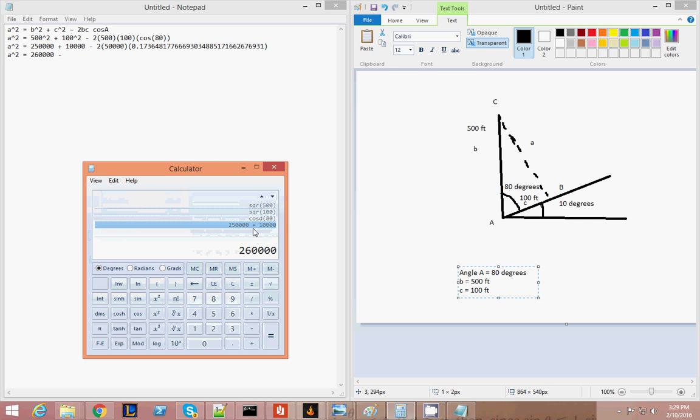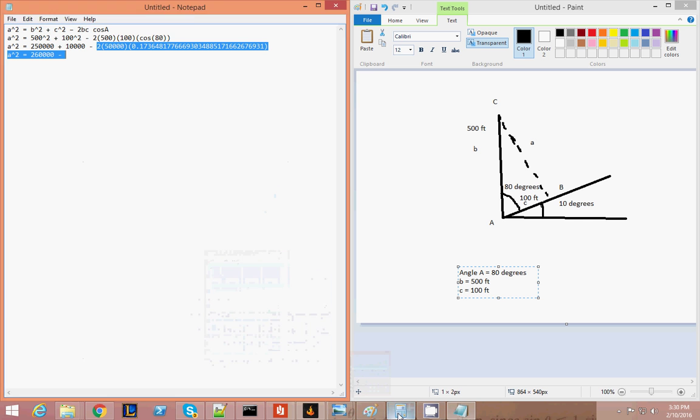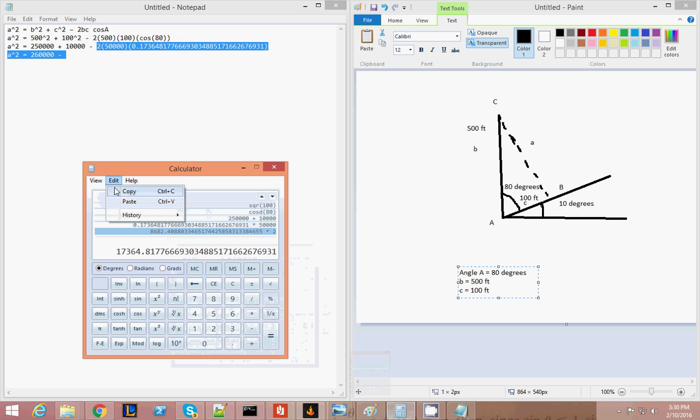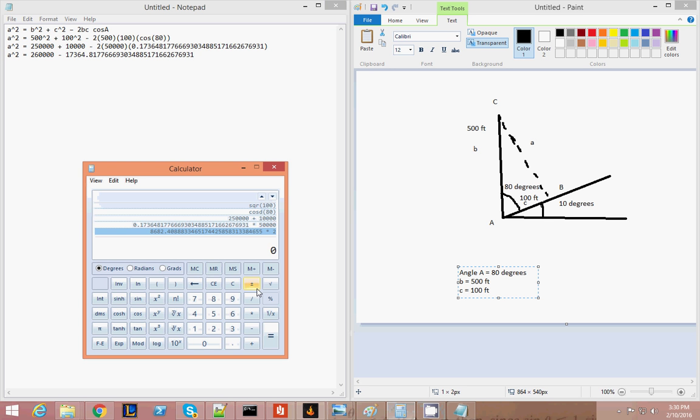So I just multiplied all this out and came up with this big number here. And now we're going to subtract the number from 260,000, and we come up with this number.